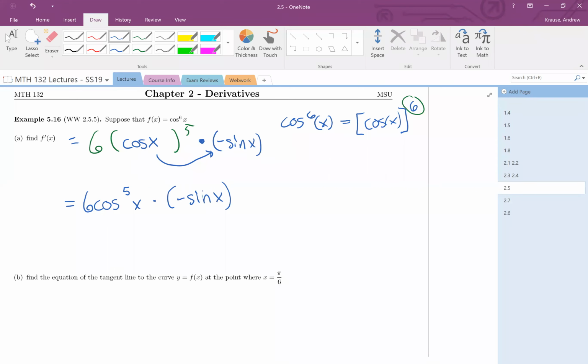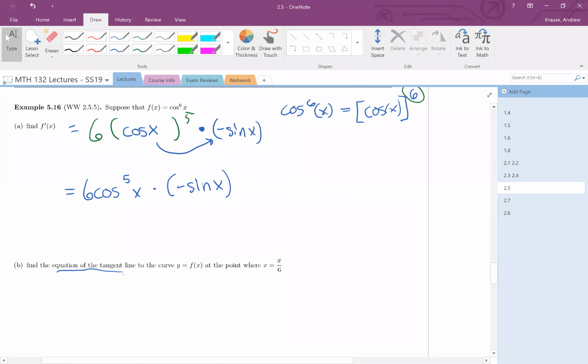Right. Now let's use this information. You're going to have to think about your unit circle. Let's find the equation of the tangent line at x equals pi over 6. That's a nasty one. So equation of the tangent line, immediately I'm thinking y minus y1 equals m times x minus x1.